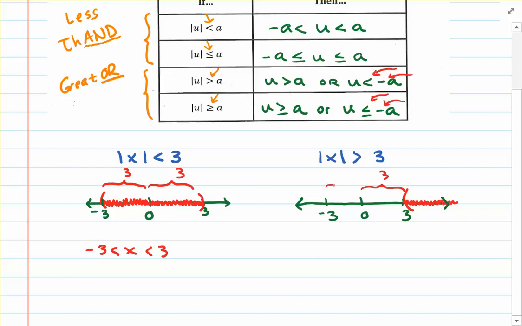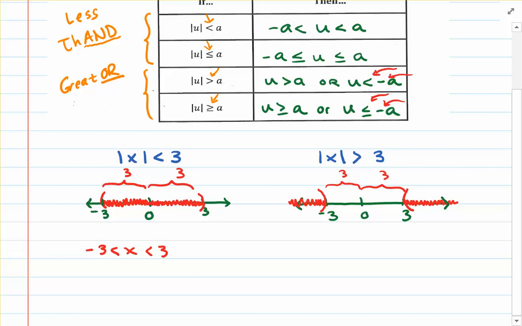But we can't forget about those numbers that are negative that also have a distance away from 0 that's greater than 3 units. Those numbers would be those that fall to the left of -3. And again, for similar reasons, I'll put a parenthesis on the -3.